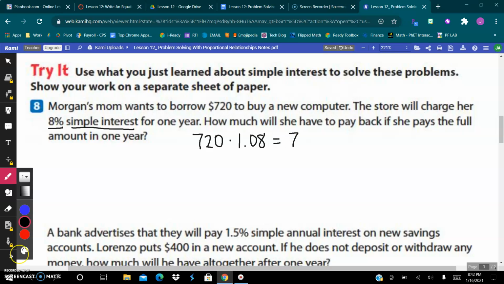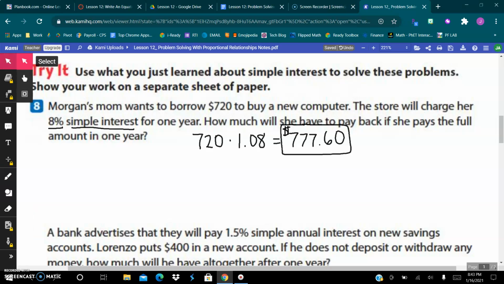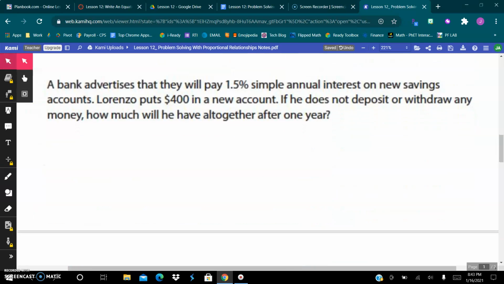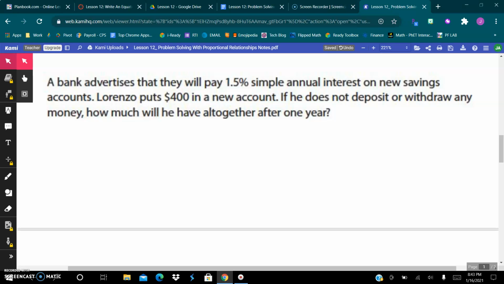And that gives us $777.60. So the total after 1 year that she has to pay would be $777.60.